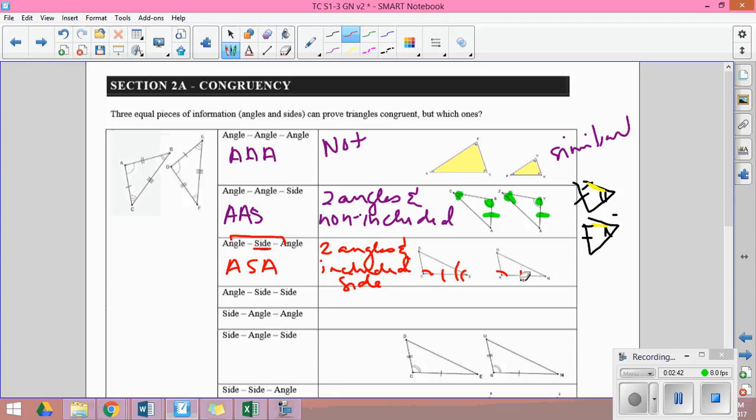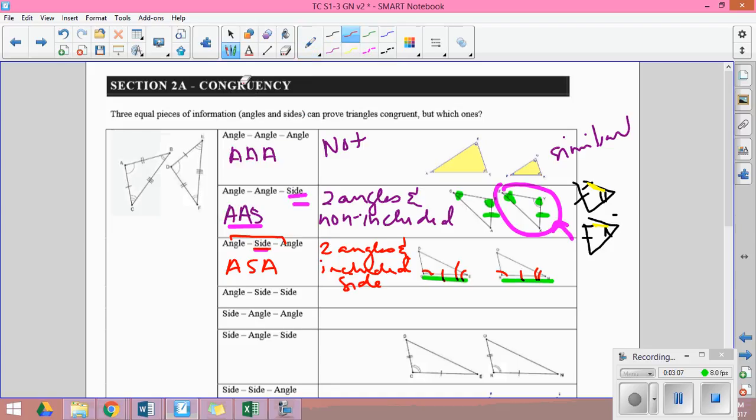We know this angle, this side, and this side. Be sure you notice the difference between these. The side is between, and this one, where the side is not between the angles. Again, the side is on the outside of the name, or the side is on the inside of the naming. That matters.